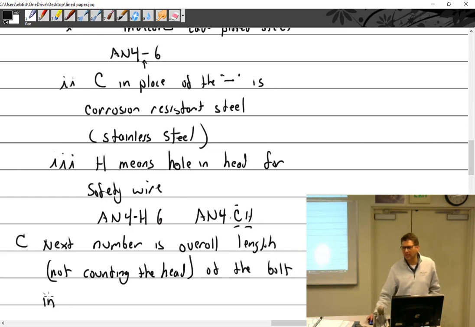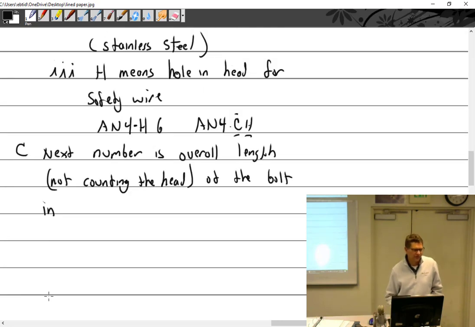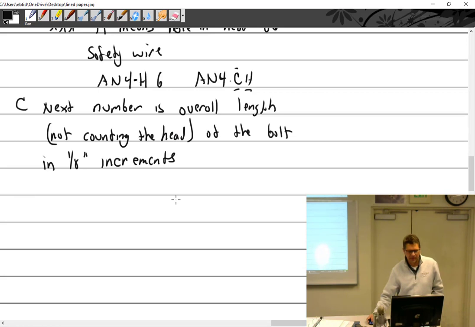What's the length of rivets in? 16ths, so double it, 32. Bolts are in 1/8 inch increments. It's the easiest way to explain it.